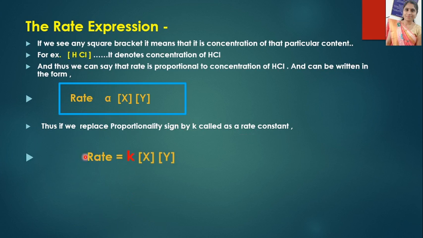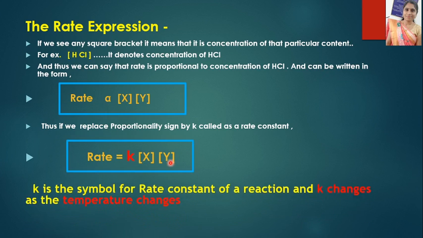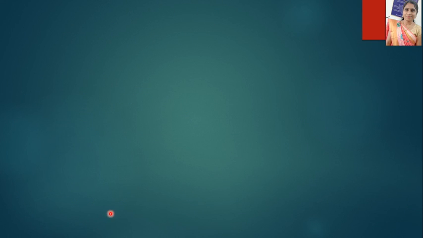So rate is equal to K into concentration of X into concentration of Y. K is the symbol for the rate constant of a reaction, and K changes as the temperature changes.